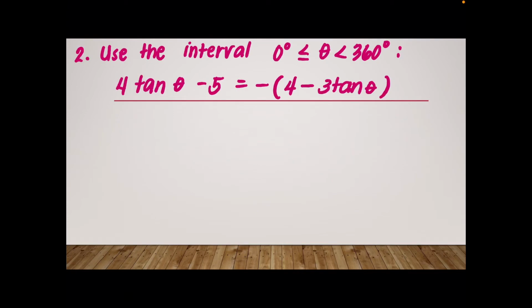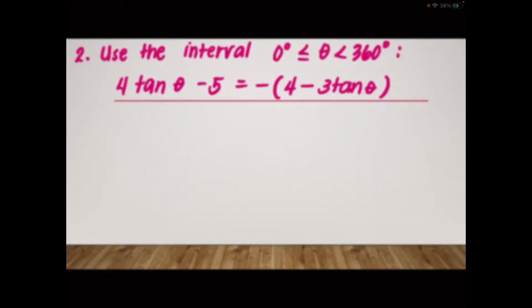Example number 2, use the interval theta is greater than or equal to 0 degrees but less than 360 degrees. So we have the equation tangent theta minus 5 equals negative of the quantity 4 minus 3 tangent theta.